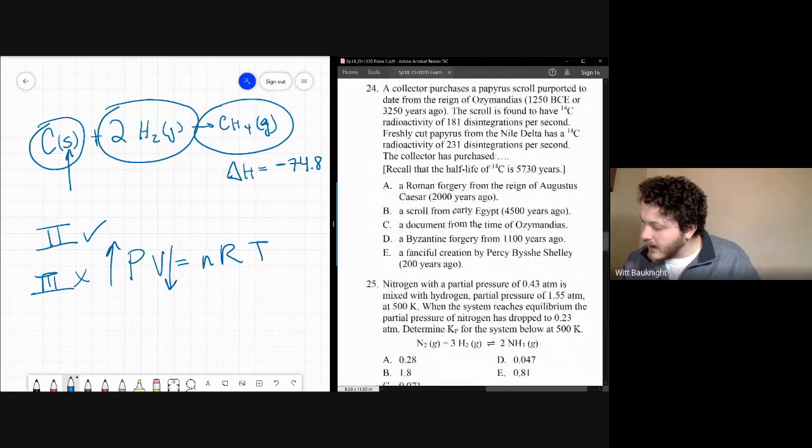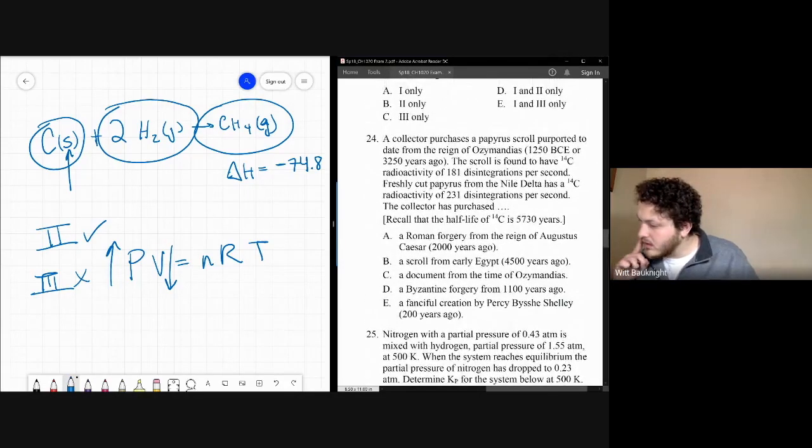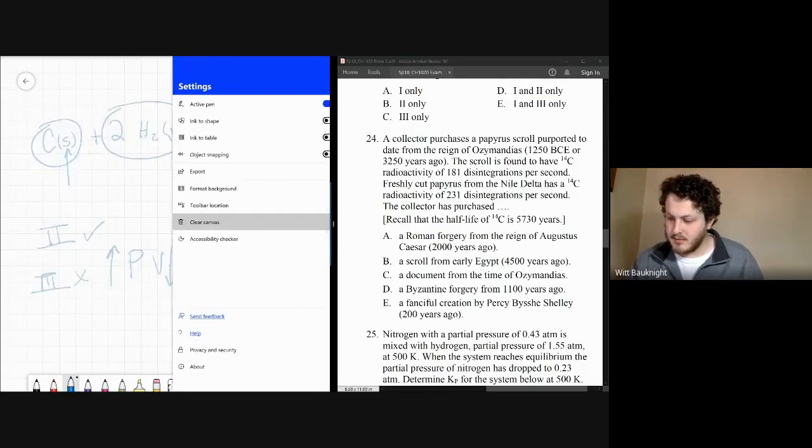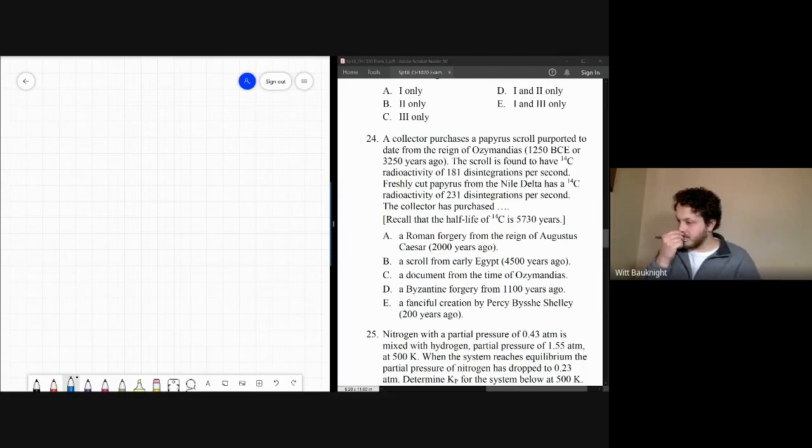Now let's talk about question number 24. We have a whole bunch of randomness thrown in there that's meant to confuse you. Well, let's pick out what's the most important thing. We're talking about C14.